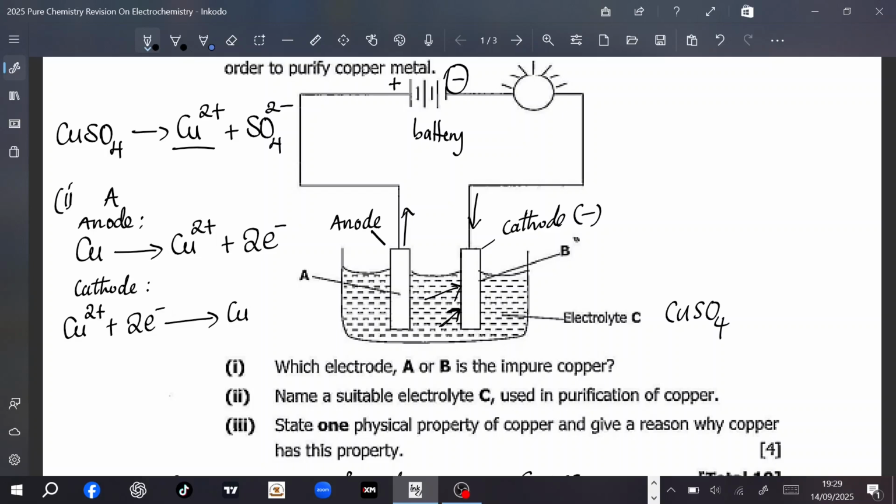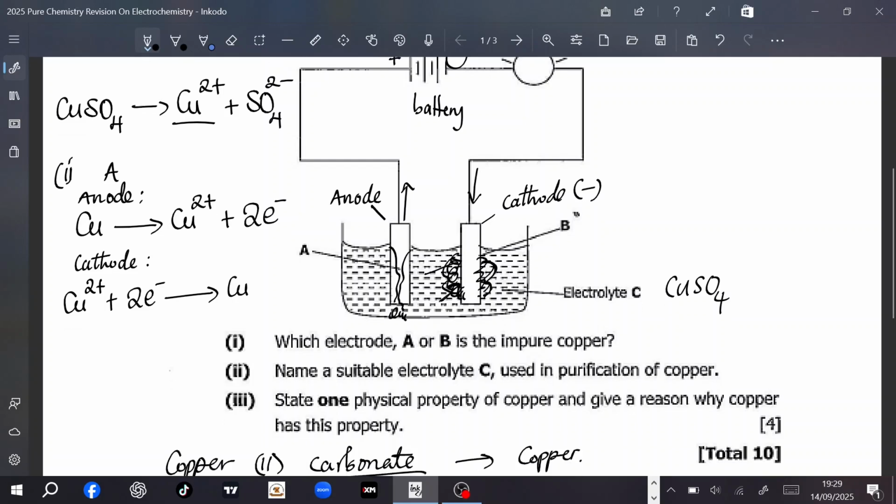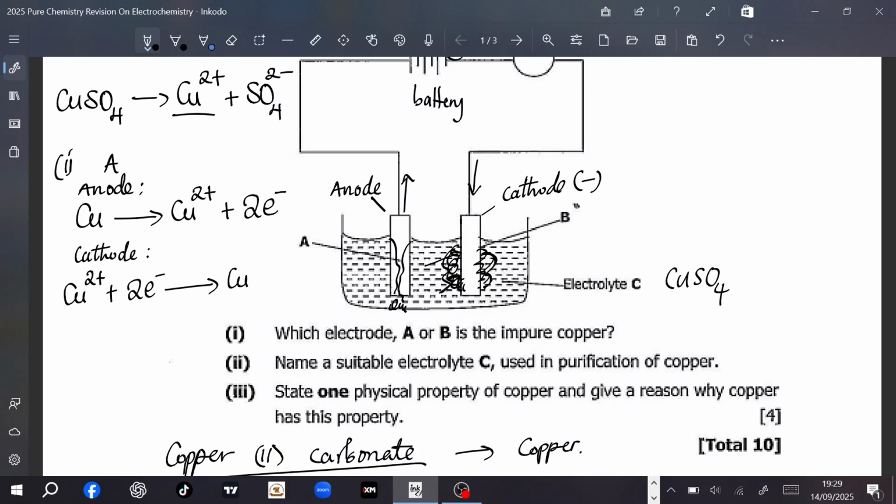So this copper metal will be deposited here. The cathode will begin increasing in size, while the anode will begin reducing in size, because copper will be transferred from the anode to the cathode, leaving any impurities below the anode here. Okay, so we have answered 1. The answer is A.